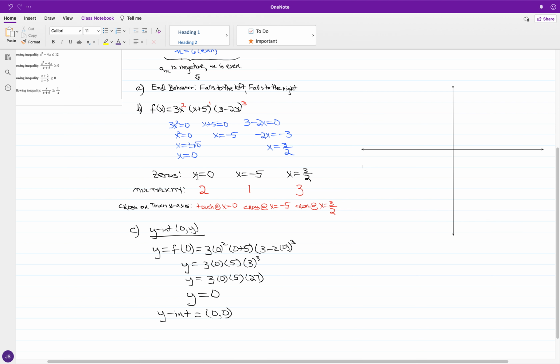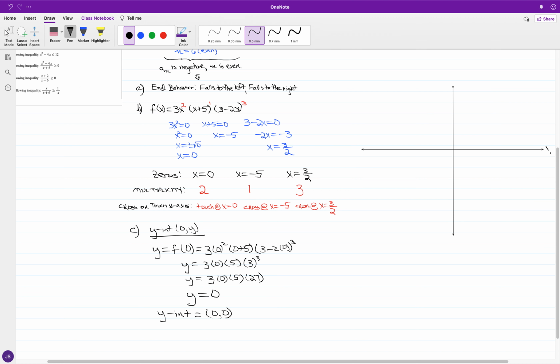So on the x-axis, you're going to have 3 distinct zeros. You have one at -5, also have a 0, and also have one at x is equal to 3/2.